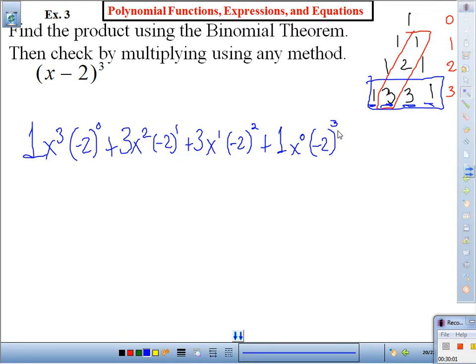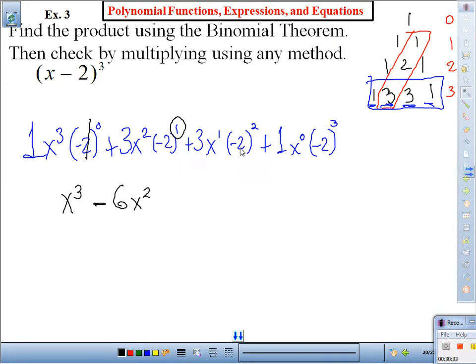And if you got something like that, okay, let's simplify. Here we go. What do we know any number to the 0 is? 1. 1 times 1 is 1, so we're left with x cubed. Here's an odd number exponent, and it's a negative, so that means the whole term is going to be what? Negative. But now we have a number. What is 2 times 3? 6x squared. Next, what is negative 2 squared?